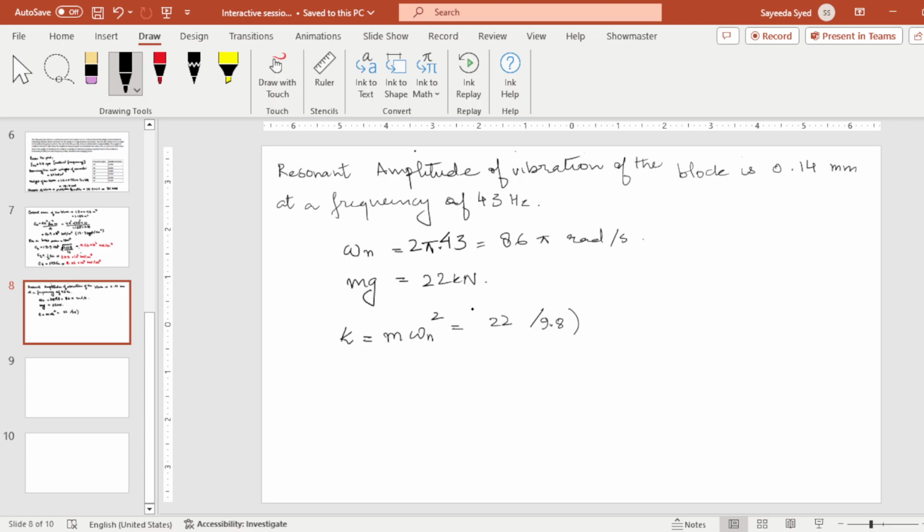So the answer for K is, we get a stiffness of 163.9 kilonewton per mm.